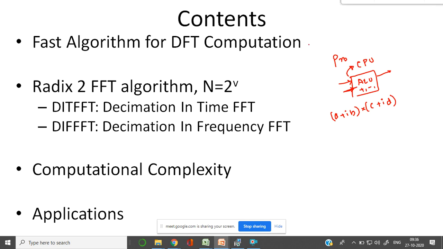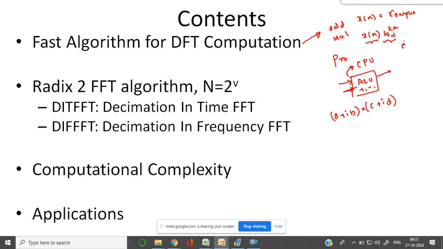So in order to reduce the number of computations, the word computations refers to additions and multiplications, right? In this case, if my input x of n is complex, then obviously the multiplication operation in the DFT is your input signal getting multiplied with the twiddle factor.